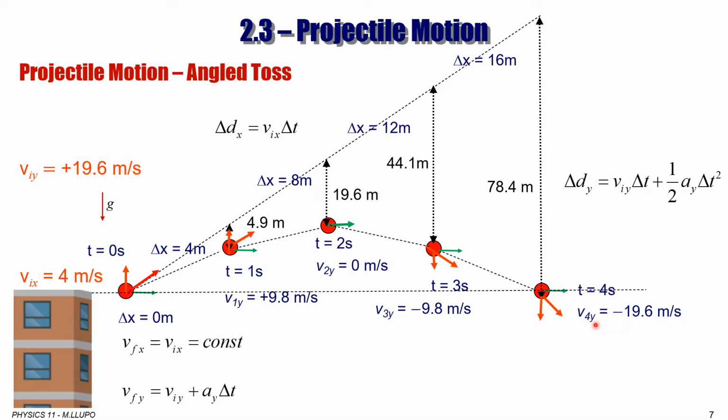So if you see that value at this point is exactly symmetrical with the value of this point when we have 19.6 positive and we have 19.6 negative, and horizontal is the same, so the magnitude of final velocity is the same.